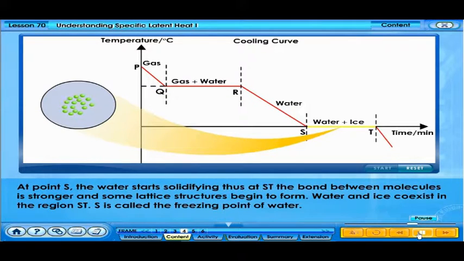At point S, the water starts solidifying, thus at ST. The bond between molecules is stronger and some lattice structures begin to form. Water and ice coexist in the region ST. S is called the freezing point of water.